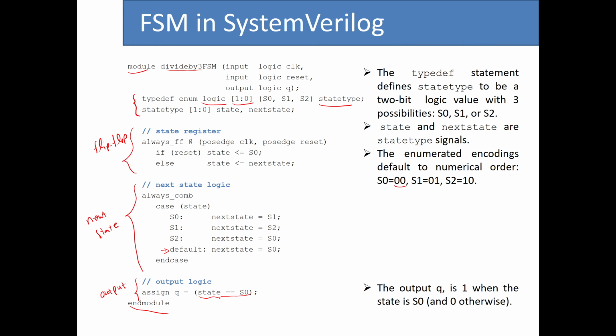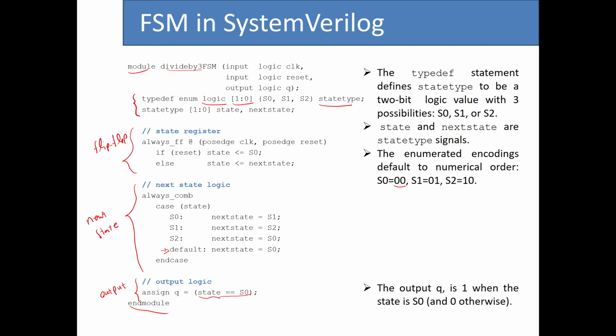So to summarize, implementing finite state machines is very straightforward, since we have three blocks: the next state logic unit, the register, and the output logic unit. We basically divide our module into three different parts.